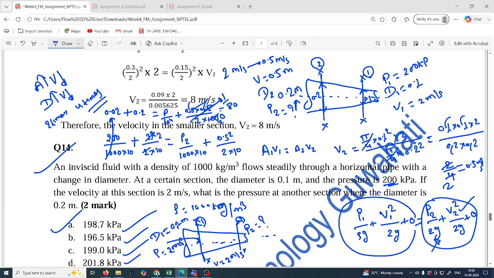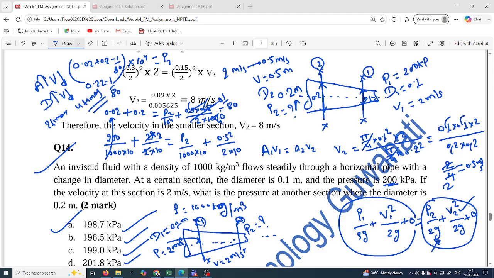Now 0.02 plus 0.2 minus 1 by 80, into 10 raised to 4, is equal to P2. So this will be 0.02 plus 0.2 means 0.22 minus 1 by 80.